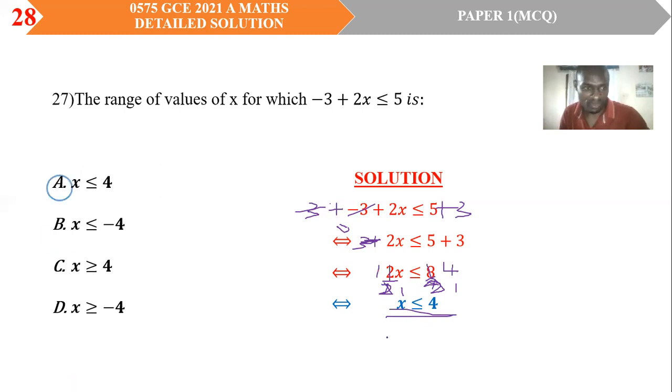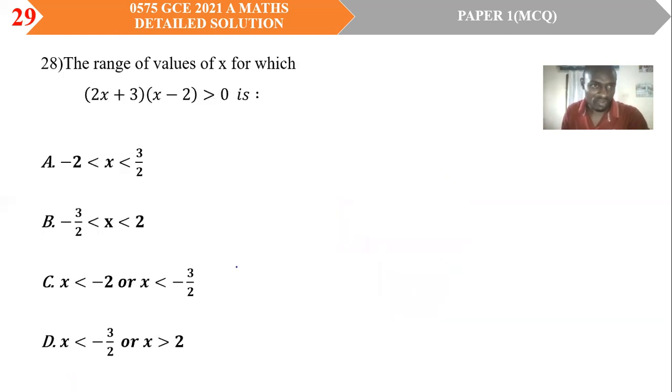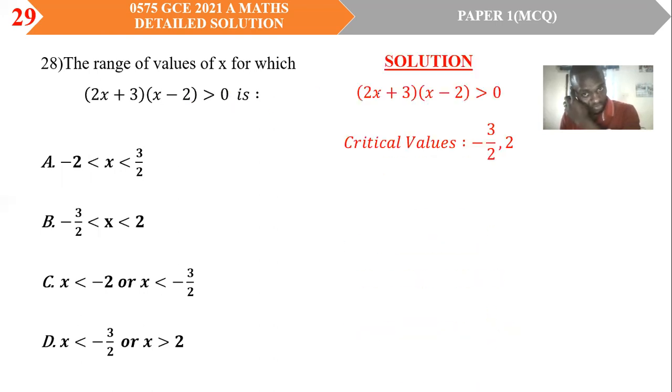Answer A. Question 28. The range of values of x for which the inequality 2x plus 3 into x minus 2 is greater than 0 is... Solution. 2x plus 3 into x minus 2 is greater than 0. Critical values, negative 3 over 2 and 2.